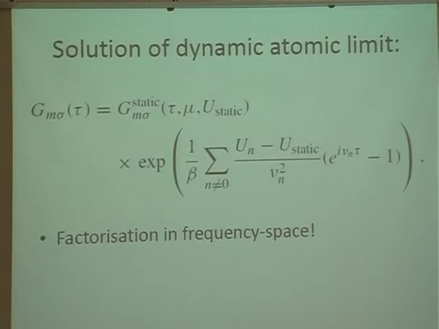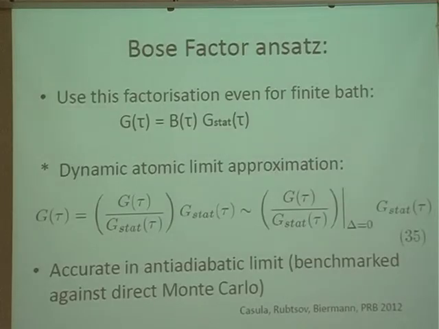You can work out how it looks in practice, and actually you know it because you calculated that yesterday. So now you can think about what would happen if we just keep this kind of factorization even away from the atomic limit. And that's what we actually did when putting up the Bose factor ansatz.